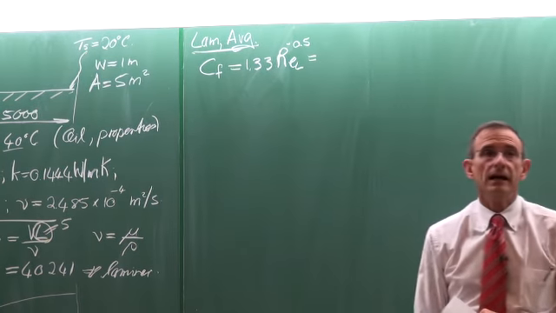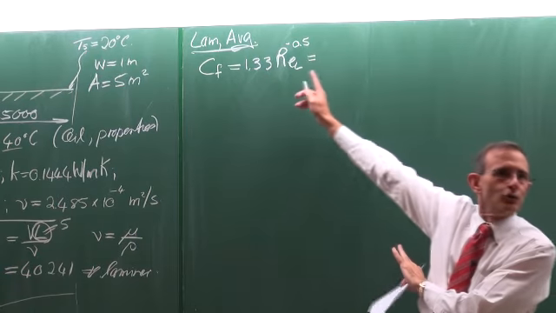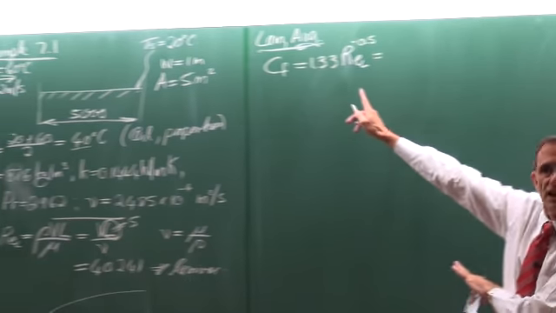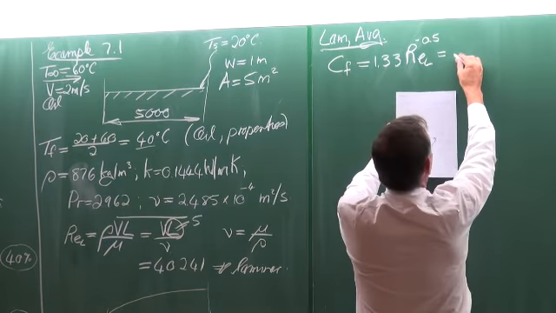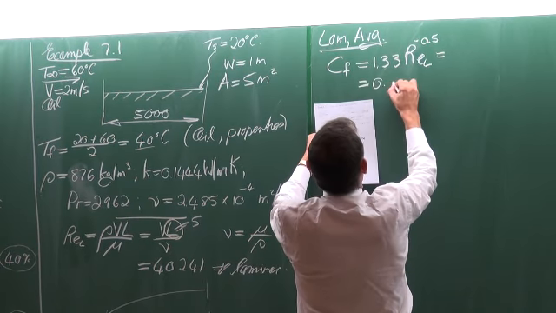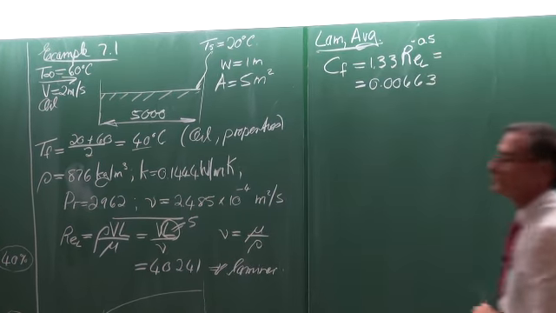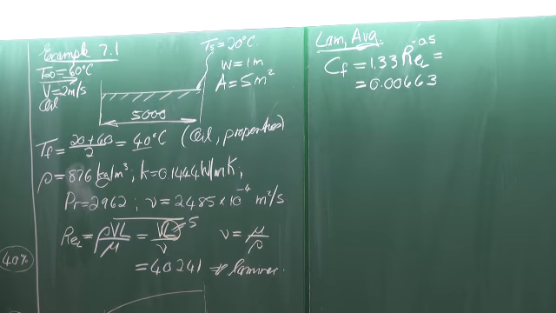Again, I'm not going to do all the substitution. You can do it at home. But the result would be a CF value of 0.00663. You happy with me?